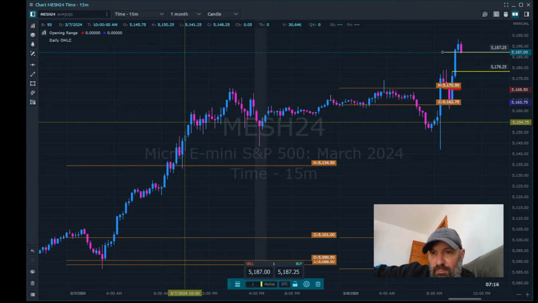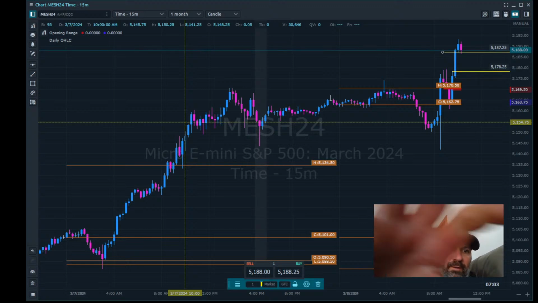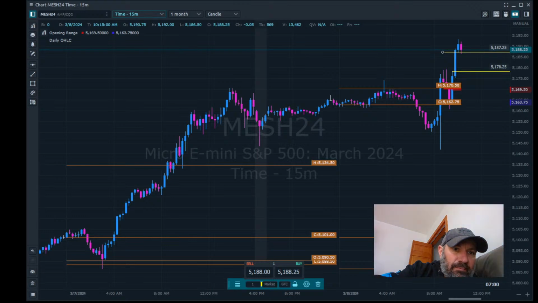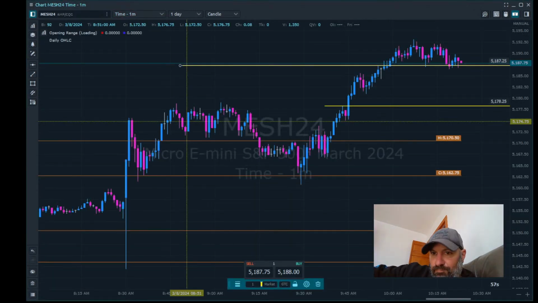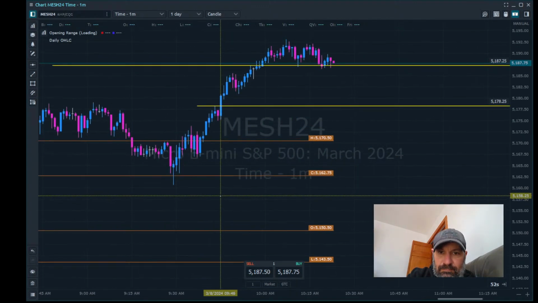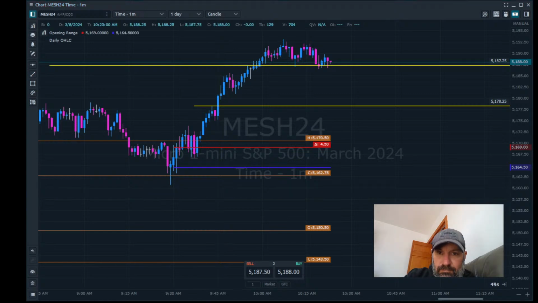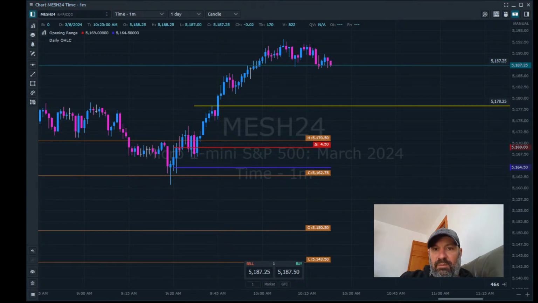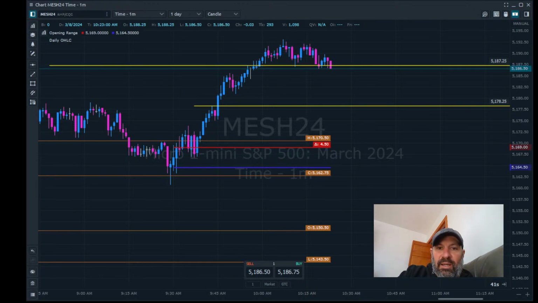I kind of thought we would accelerate more, but okay, we're going to come back over to the 1 minute. So as you can see here, we are pushing into that 15-minute gap again, which is the area between the two yellow lines.